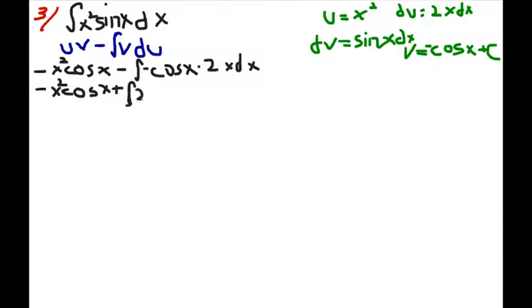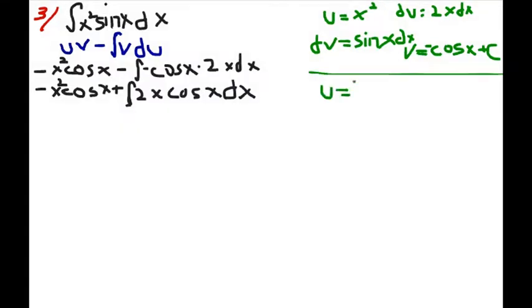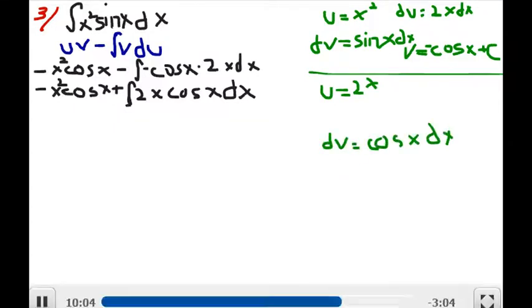Now how do we find the integral of the second half? You may realize, or should I say, you should realize, that this requires that we apply the integration by parts formula again. Hence now again, we assign u as 2x and dv as cosine of x dx.